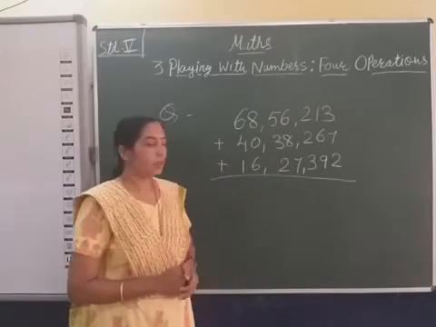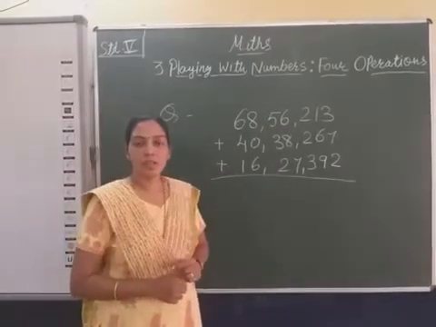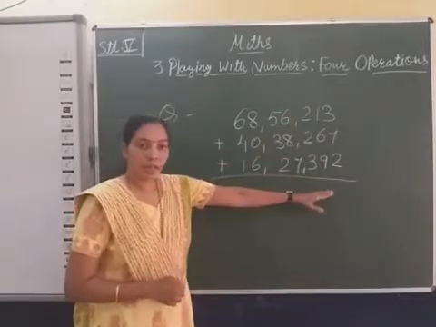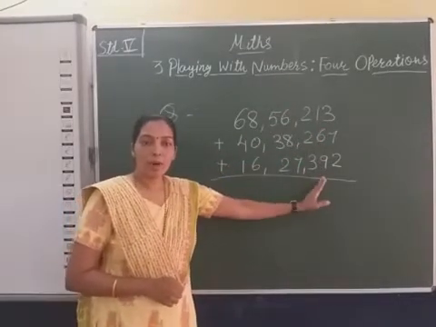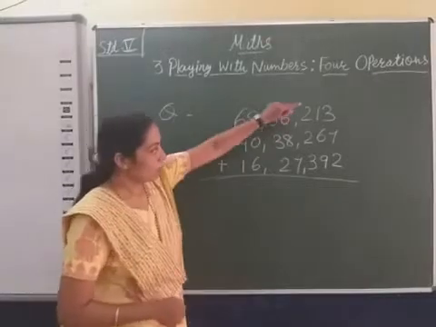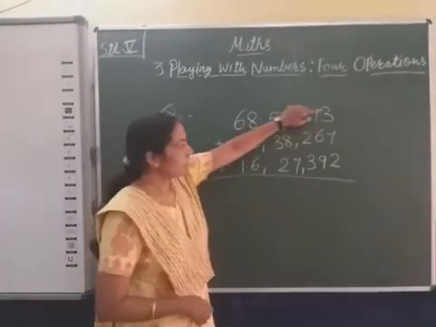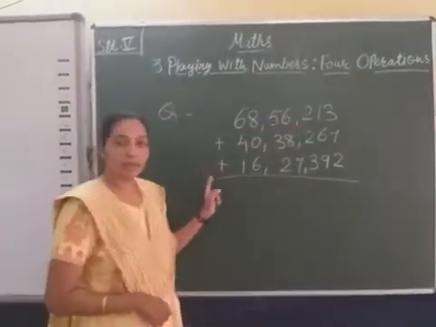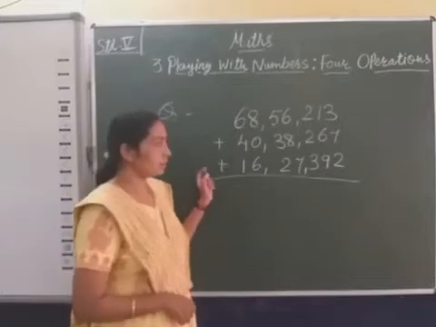So let me find it. First of all, what is the first step? Let me arrange these numbers in their proper places. Then start adding, and always don't forget the sign of addition.